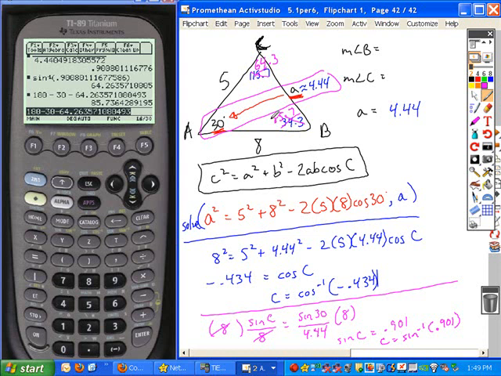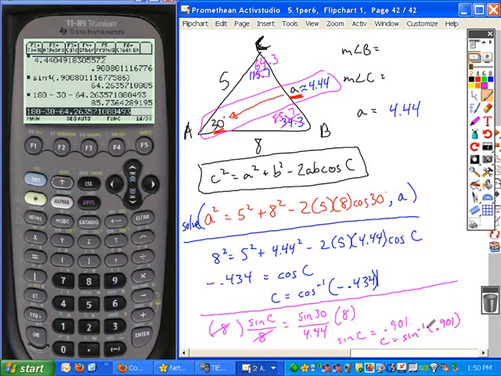So when you use your calculator to take the inverse sine, it's just telling you the angle in quadrant 1. And there happens to be another angle from 90 degrees to 180 degrees that has the same sine ratio. And the way that you find that is it's the supplement of it. So that's how I was able to tell you right from looking at this problem. When we got the answer of 115.7, the answer that you'd get using law of sines is going to be its supplement, 64.3.